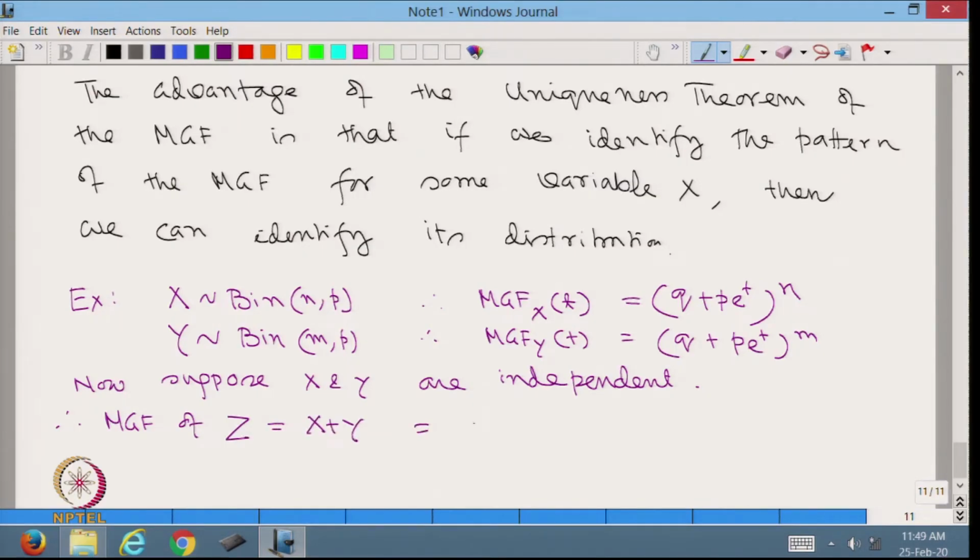We know that it is the product of their individual moment generating functions, that is (q plus p e to the power t) whole to the power m plus n, which is the MGF of binomial m plus n comma p.